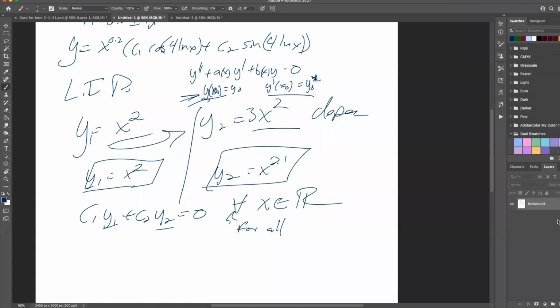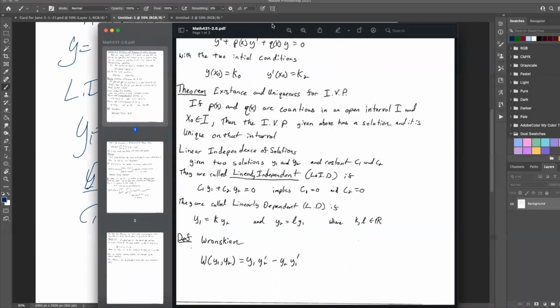They just wouldn't. And that's why we specifically look for two linearly independent solutions. According to the theorems in the books, as long as P of x and Q of x are continuous, these two linearly independent solutions exist. Not only do they exist, but they're unique, and they're unique up to a constant, okay?